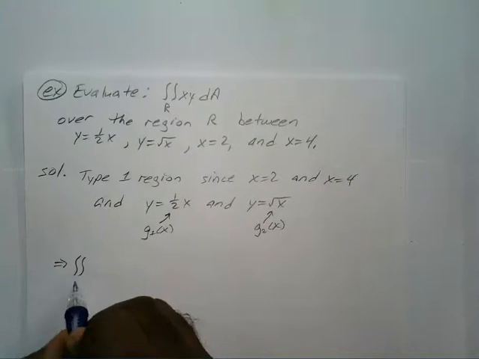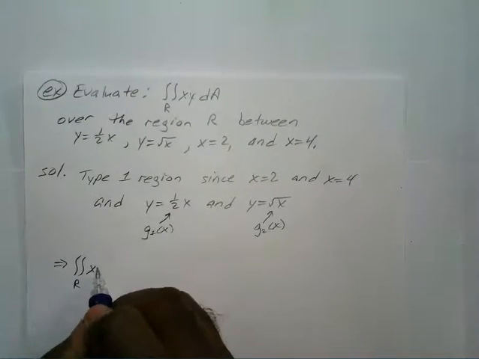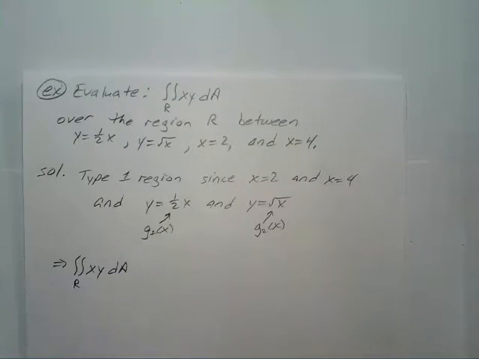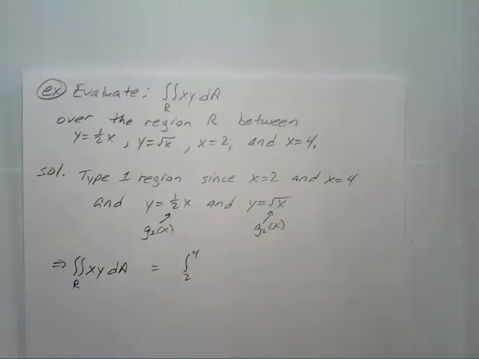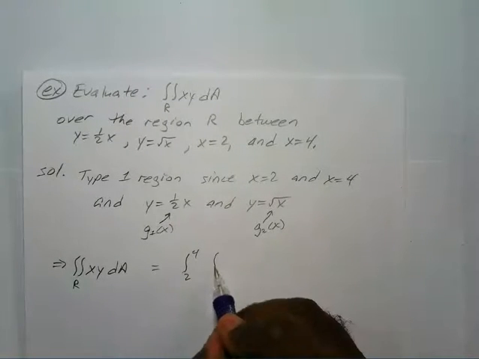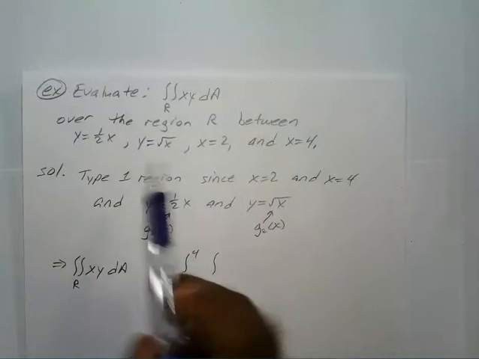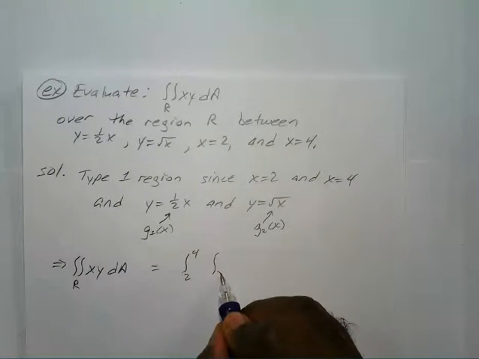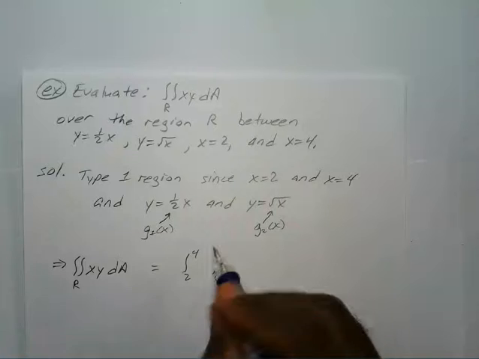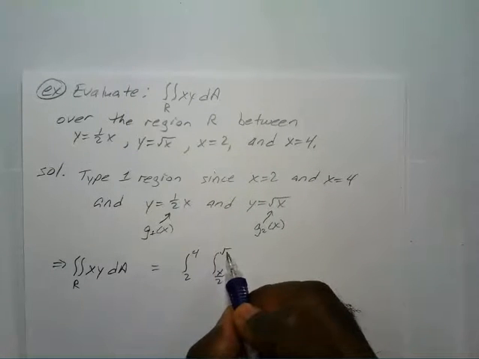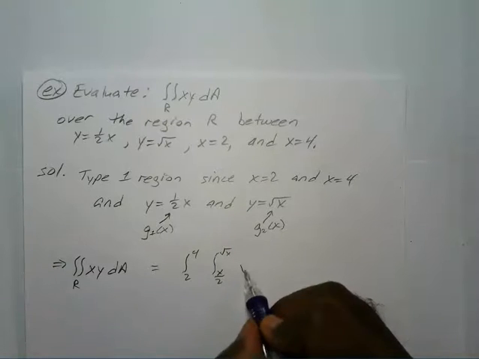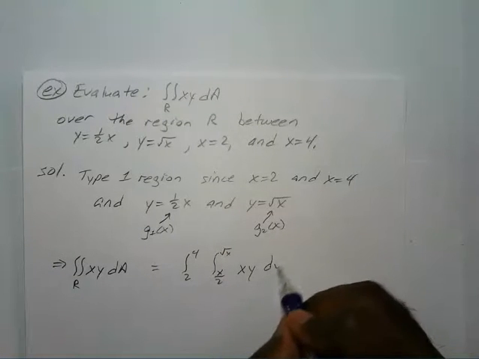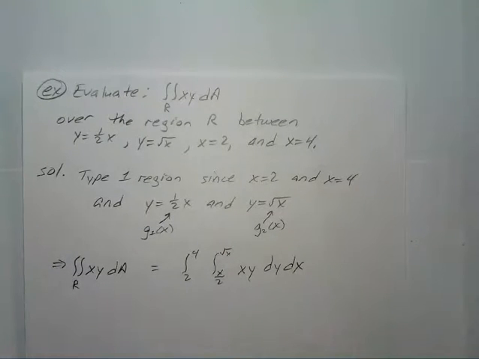Okay, so our integral over the region R is going to equal our integral from 2 to 4 and our integral from 1/2 x, I'm just going to write that as x over 2, to square root of x of our function xy with respect to y with respect to x.